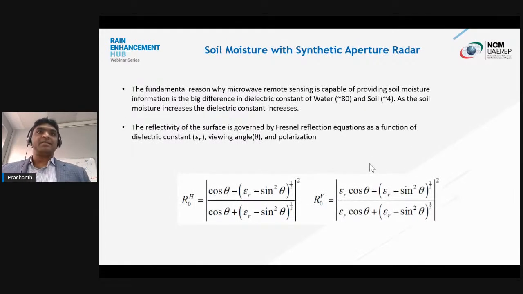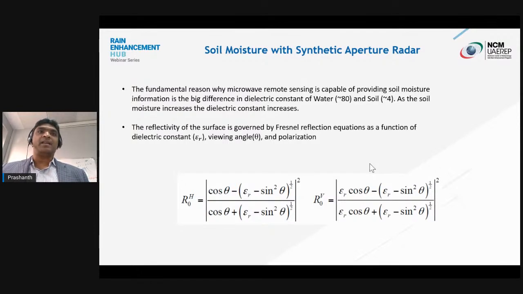The fundamental reason why microwave remote sensing is able to provide soil moisture information is the big difference between the dielectric constant of water, which is around 80, and that of dry soil, which is around 4. As the soil moisture increases, the dielectric constant increases rapidly, and those changes are reflected in the reflectivity of the surface, which is governed by the Fresnel equations.